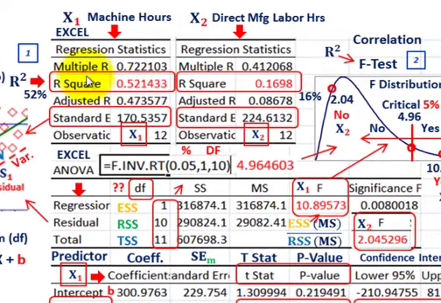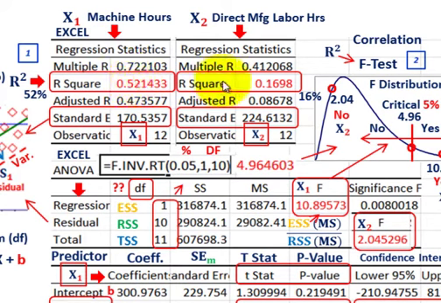Now let's look at our R squared values. For x1, we got 0.52, and that's really 52%. That's the proportion of the variation in Y, the dependent variable, explained by the variation in X, the independent variable. And for x2, we got 0.16, that is 16%. So clearly x1, the machine hours, is much better.